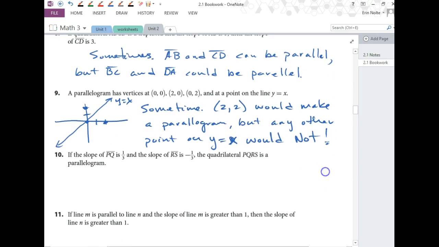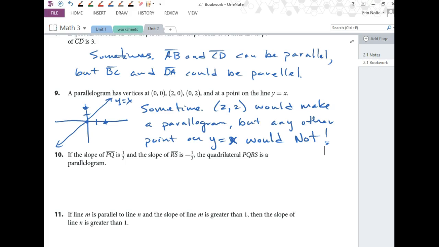Okay. Number 10, if the slope of PQ is 1/3 and the slope of RS is a negative 1/3, the quadrilateral PQRS is a parallelogram. No? Never? Sometimes? What's that?